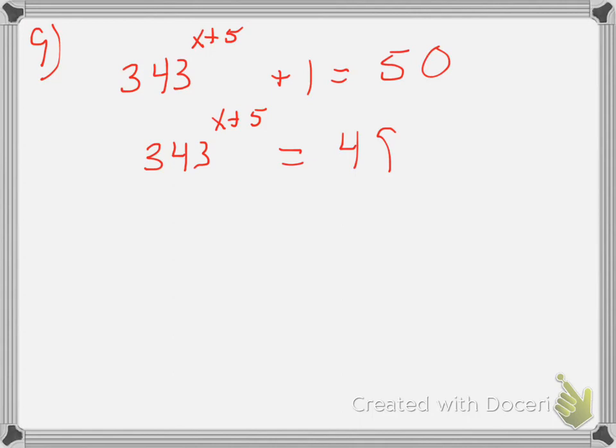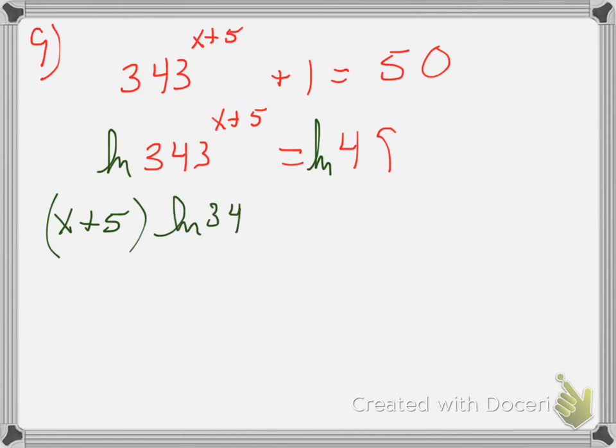Now, this is a good time to take a natural log. So, this would give us x plus 5 times the natural log of 343. That equals the natural log of 49.